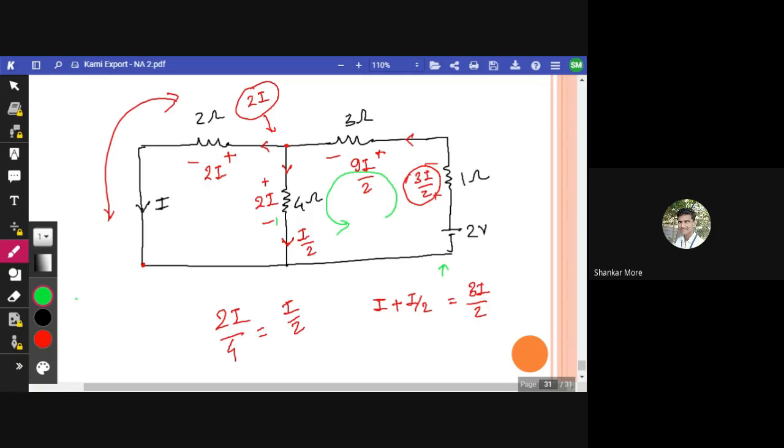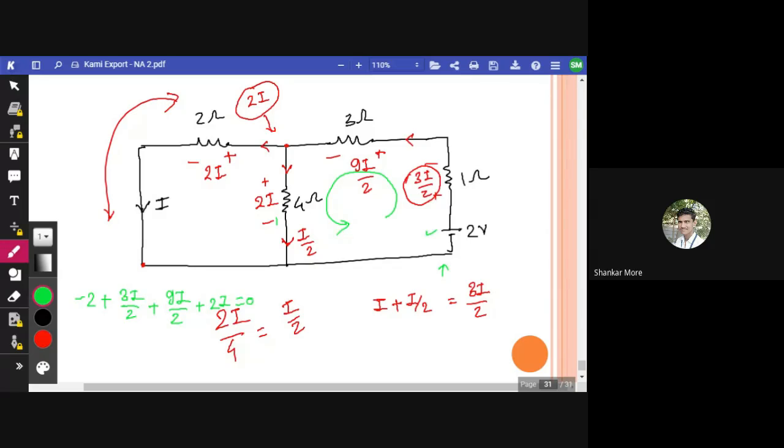Okay, so minus 2 plus 3i by 2 plus 9i by 2 plus 2i is equal to 0.